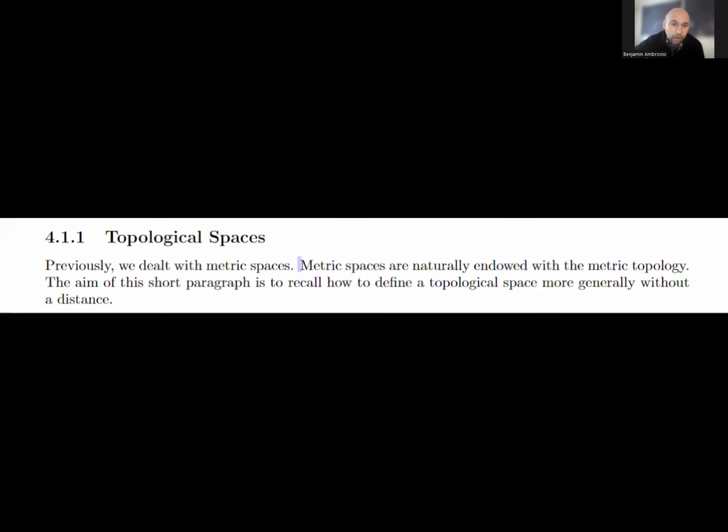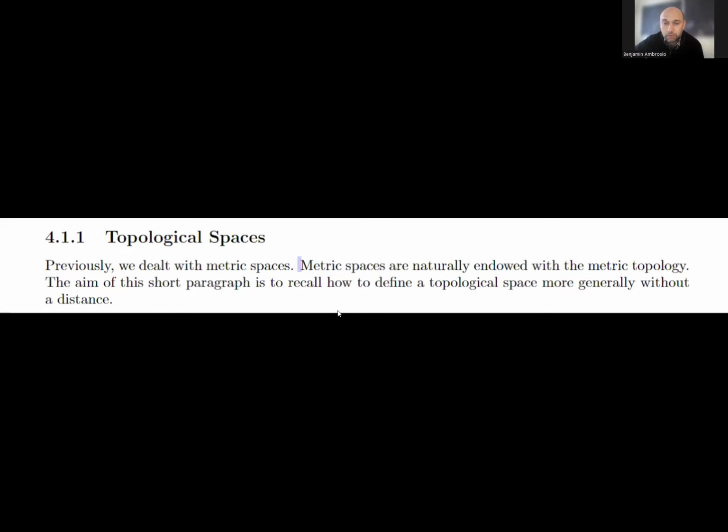You say a set U is an open set if for every x in U you can find a ball of radius epsilon such that the ball centered at x and with radius epsilon is included in U. Okay, and then you define the open sets, and the open sets define the topology.